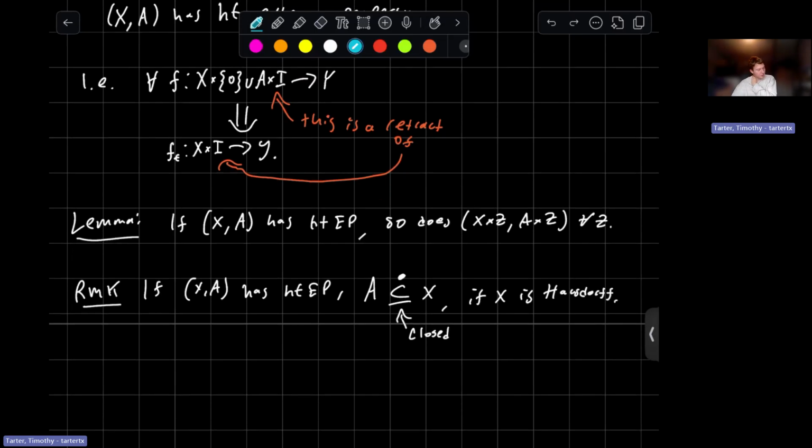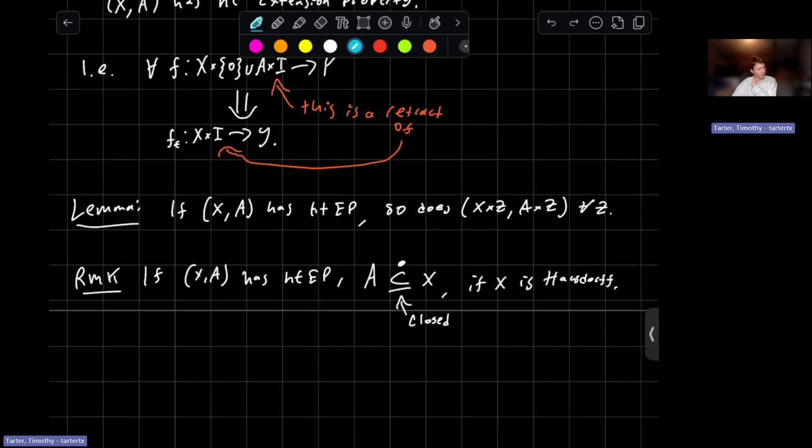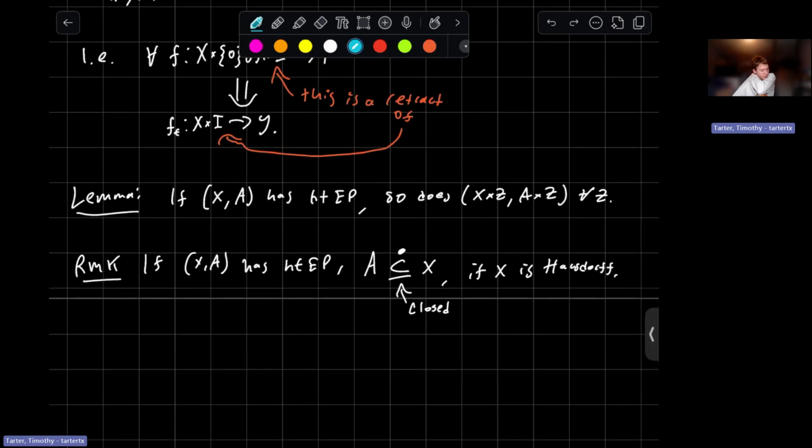A simple example of a pair with A closed for which the homotopy extension property fails is the pair of the unit interval I and A, where A is the set of numbers 1 over an integer.